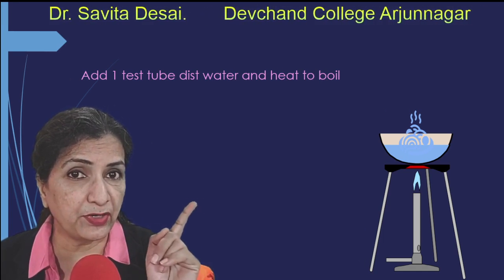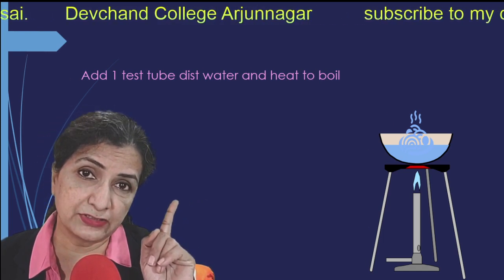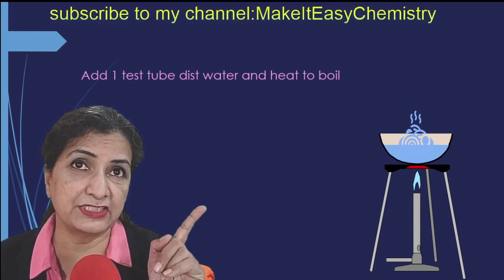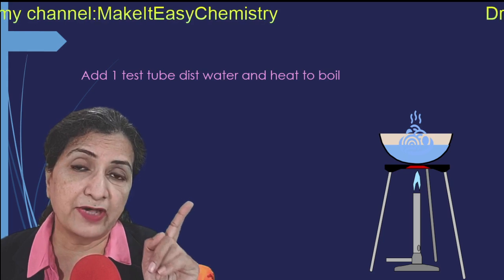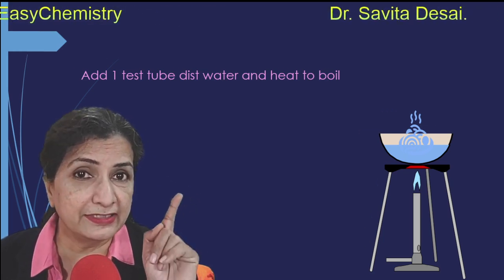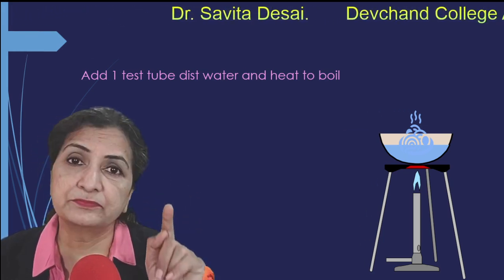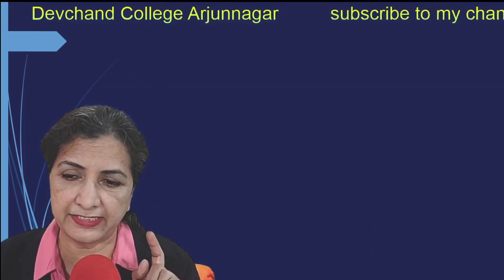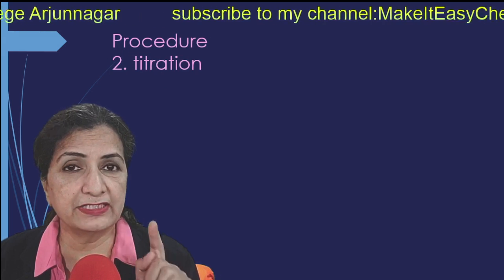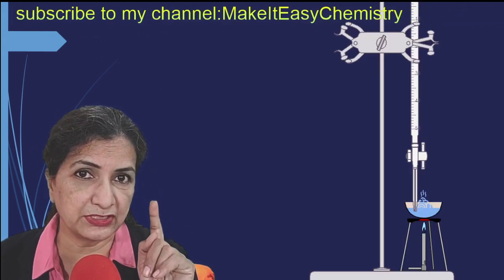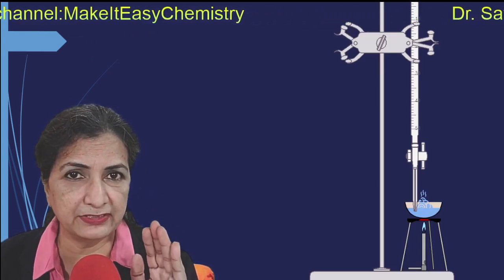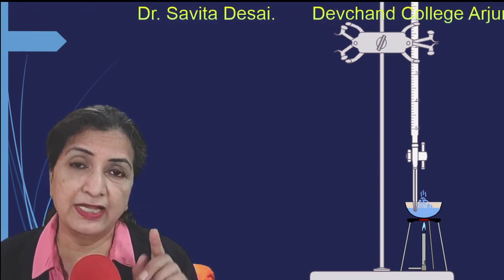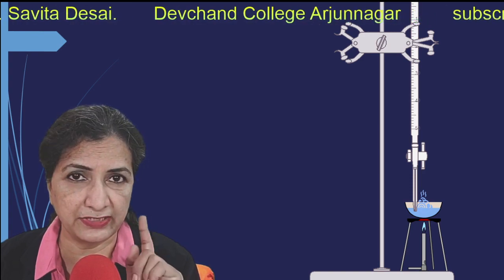Here, this boiling solution of Fehling A and Fehling B plus 1 test tube distilled water is being boiled. While it is boiling, the solution from the burette is to be added. So we pour the sugar solution into the burette. We fill the burette and take all the precautions, removing the air bubble and adjusting the zero level.